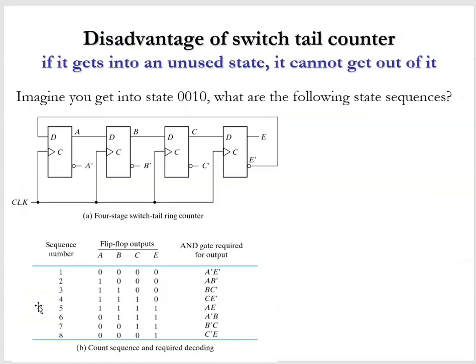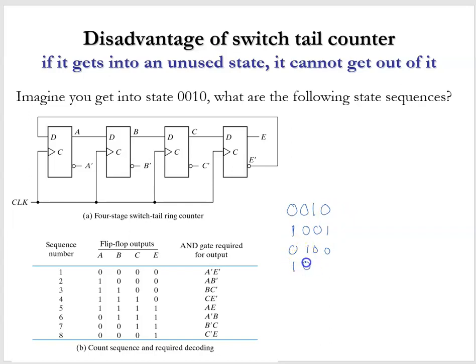Now the disadvantage of this switch tail ring counter is if we do get into an unused state, we get stuck there. So we can look at that. If we get into state 0, 0, 1, 0, our next state, remember we're just shifting, the 0 comes back around and becomes a 1, and then the other bits shift. Then we shift around again, we get a 0, 1, 0, 0, and this 0 becomes a 1.